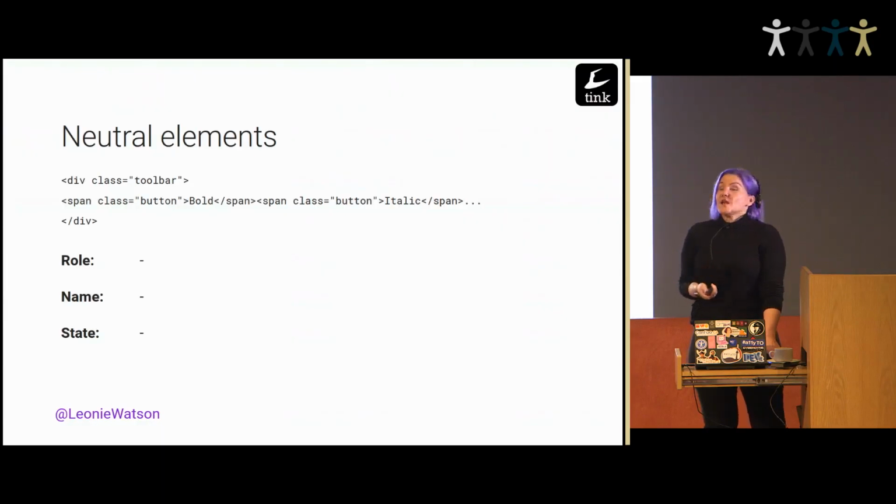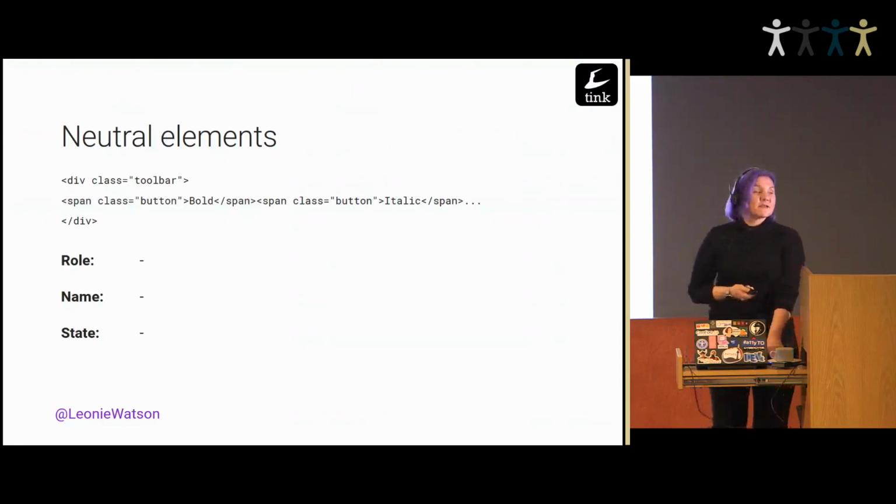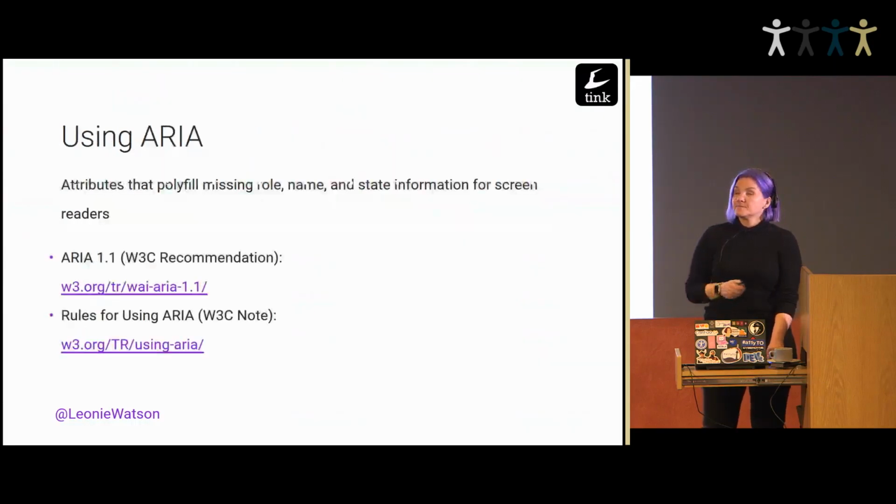So even though we could take some divs and spans and style them to look like, say, a 2-button toolbar with a bold and an italic button in it, and use JavaScript to make it function like a toolbar, when a screen reader comes across this collection of divs and spans, unfortunately all they're going to hear is this. Bold. Italic. Just 2 pieces of plain text, because there's no accessibility information anywhere near this particular custom-made component. The good news is that we can do something about that.